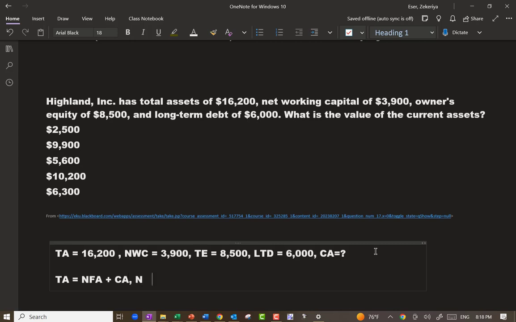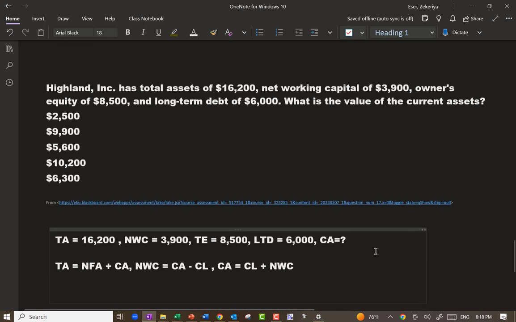There is another item that contains current assets. Net working capital is current assets minus current liabilities. Okay? You're probably thinking, how the hell? So if I can find current liabilities, I already know net working capital, I'm home, right? So current assets is equal to current liabilities plus net working capital.